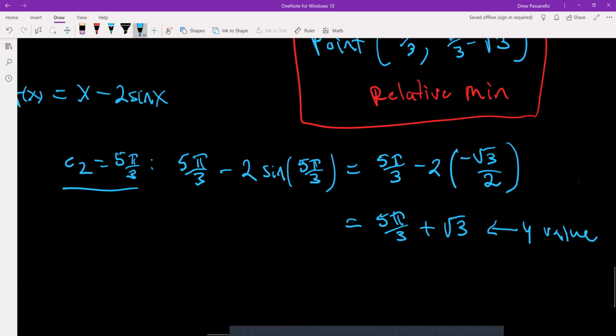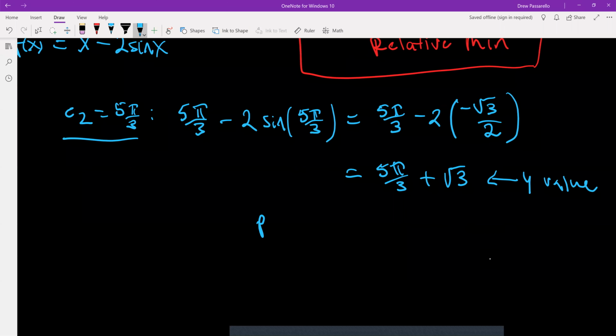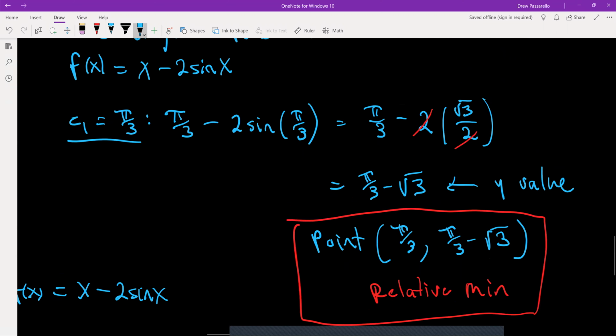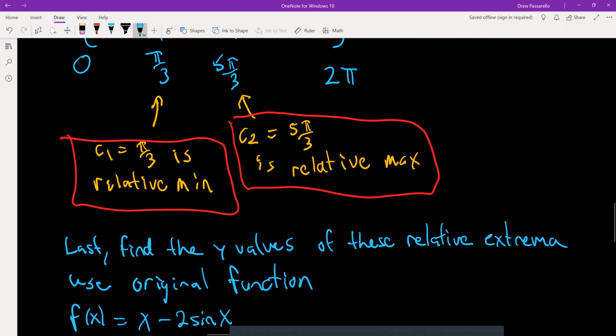So the point, our input's 5 pi over 3. Our output is 5 pi over 3 plus square root of 3. And recall we said that at 5 pi over 3 that was a relative max.